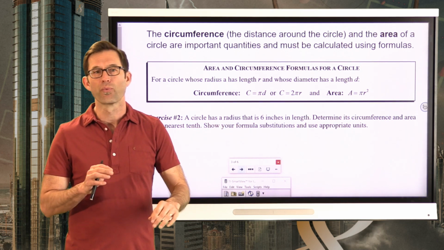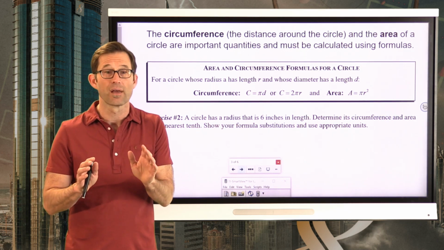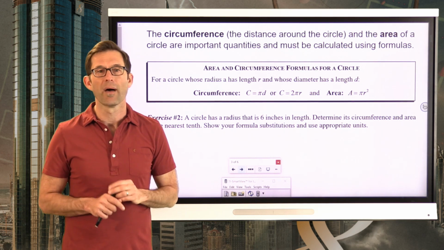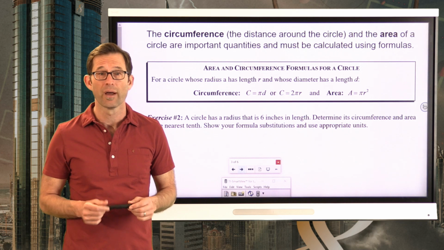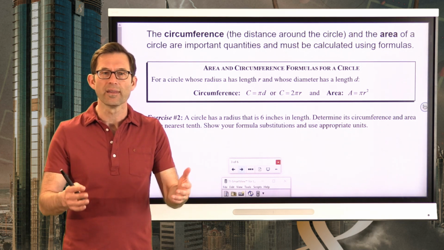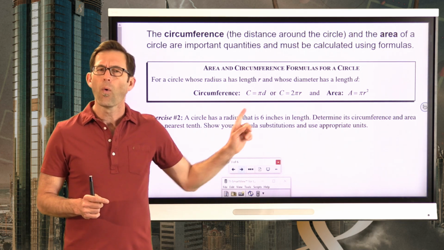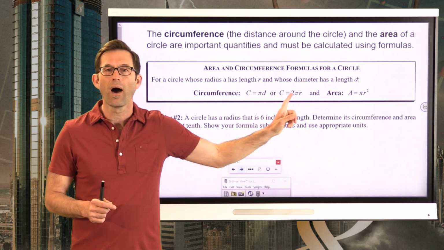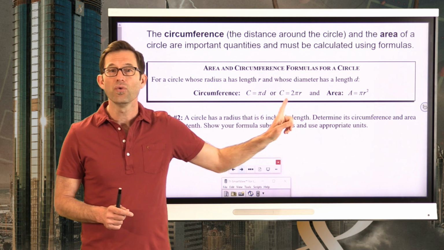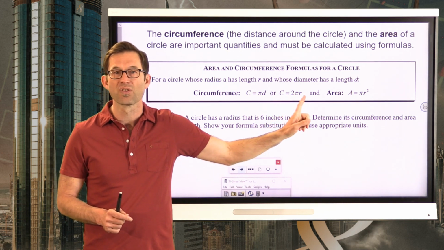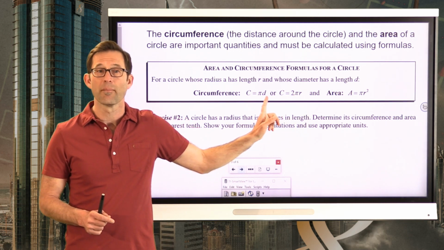Where pi is 3.1415, etc. We kind of reviewed a little bit about the number pi a few units ago when we were looking at irrational numbers. But pi is a number that's just slightly bigger than 3. Or the circumference is given by 2 times pi times the radius. And again, that 2 just comes from the fact that 2 times the radius is equal to the diameter.